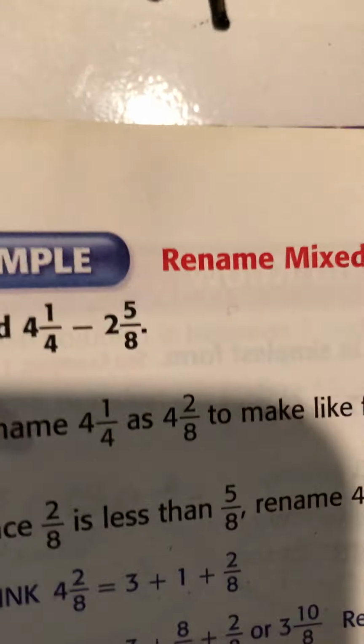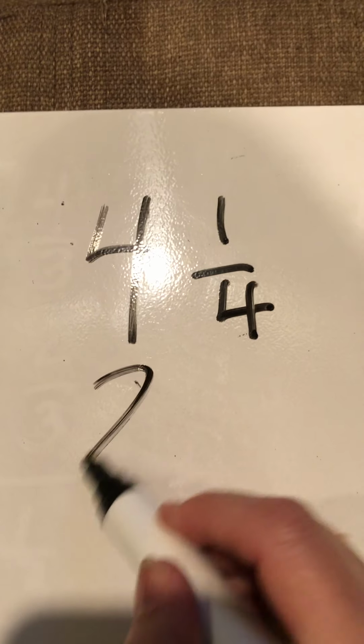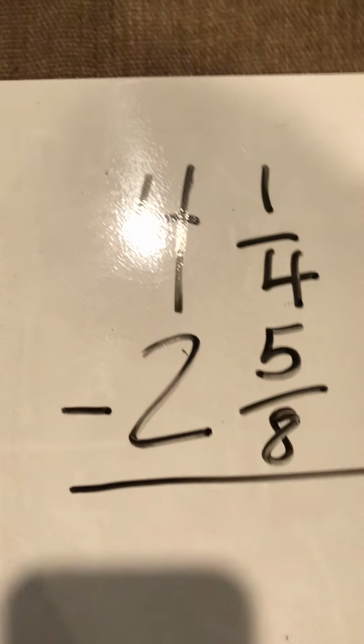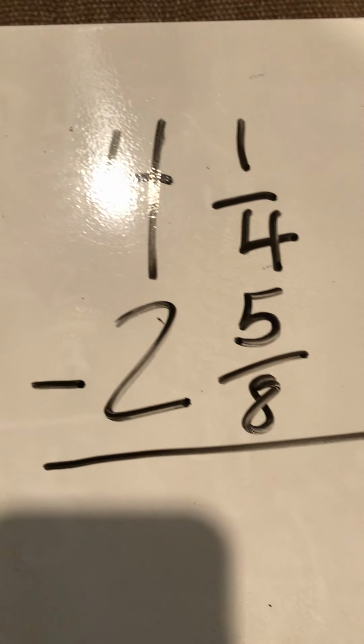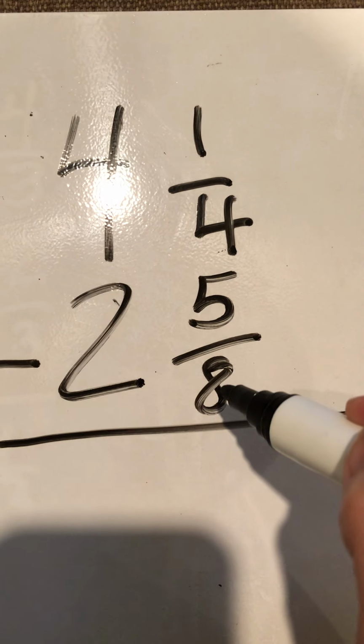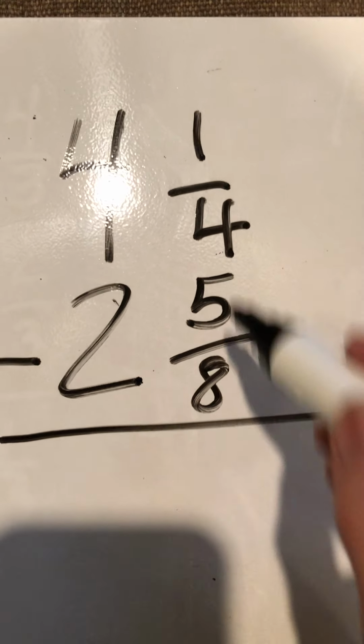So let me just write it up here. 4 1/4 minus 2 5/8. So let's talk about that. First I'm going to change this into a common denominator.